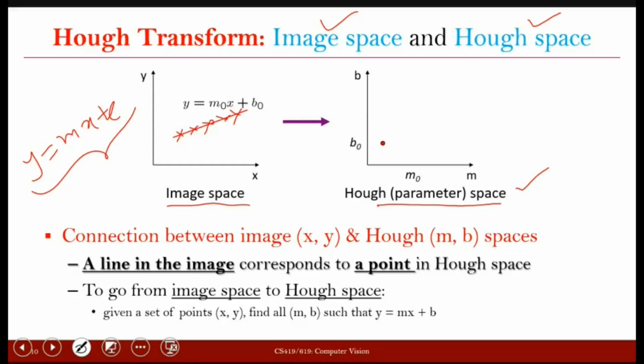If a line is defined in the image space by a set of these 5 points, the same line can be defined in the parameter space if we just state the value of b and the value of m for this line. So the line, which was a set of points in the image space, becomes just one point in the model space, or the parameter space, or the Hough space. In other words, in image space you see a line, but that line becomes a point in the Hough space.